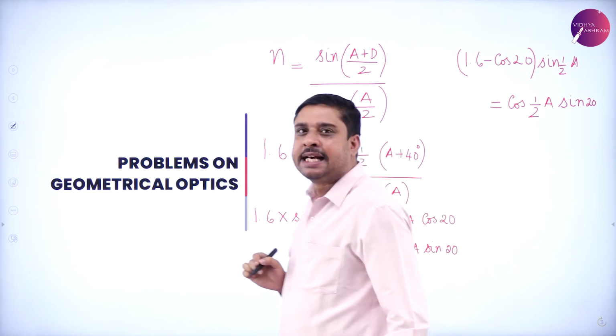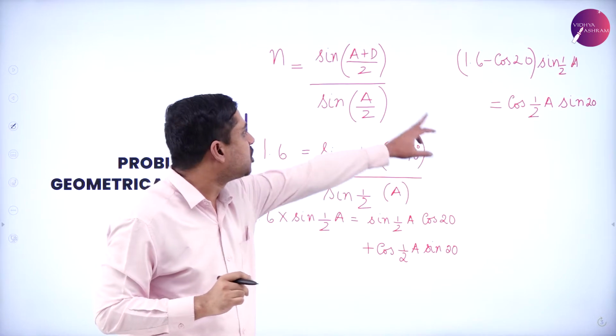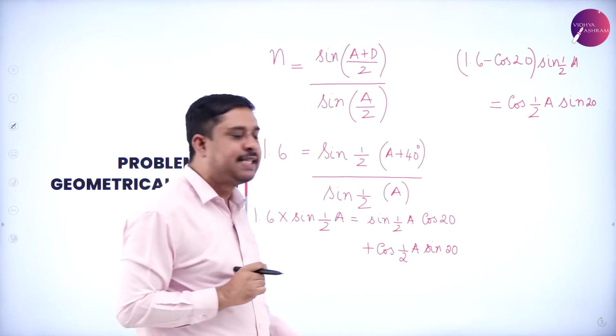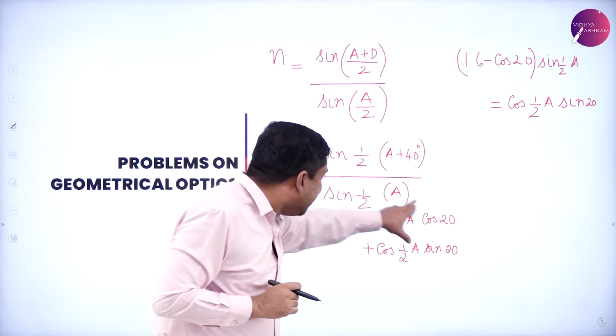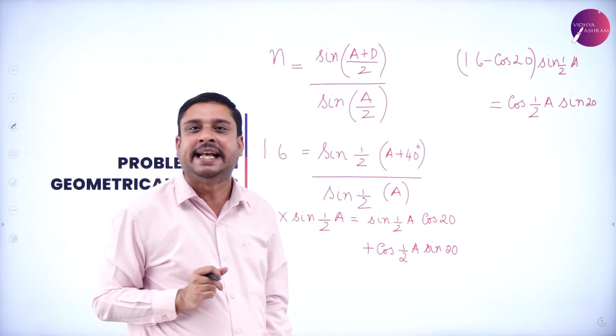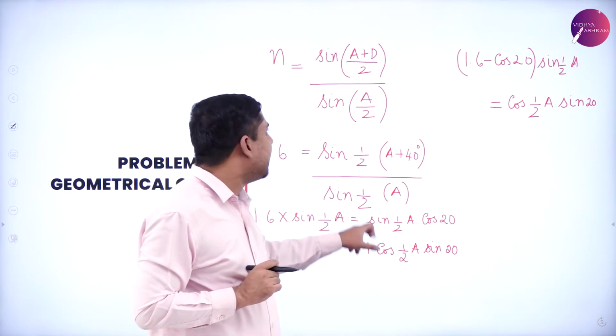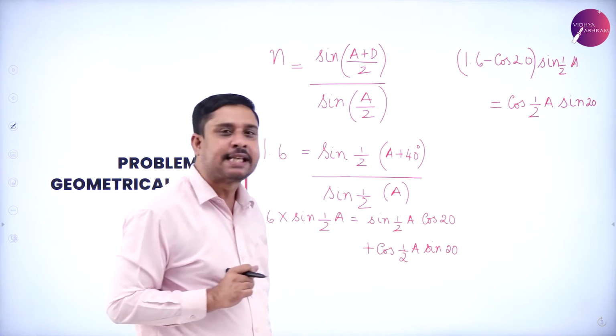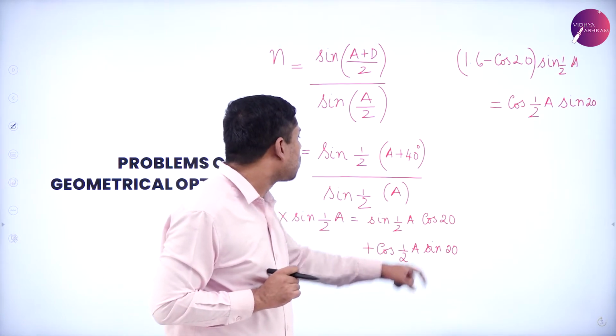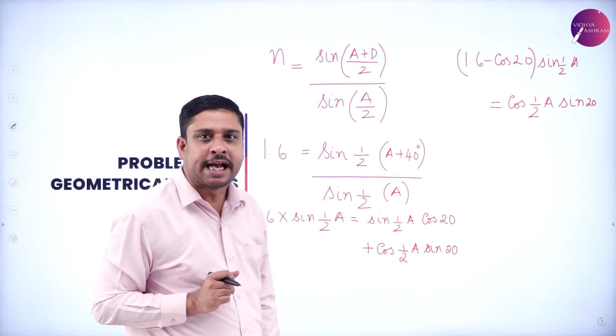So just rearranging that expression, 1.6 minus cos 20 degrees into sin half A is cos half A into sin 20.